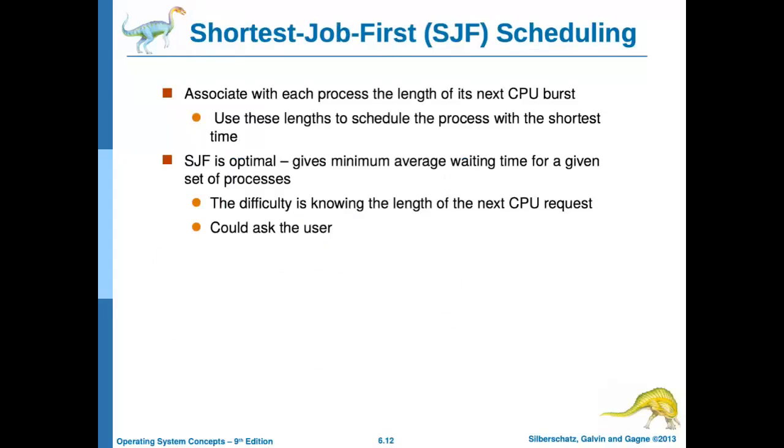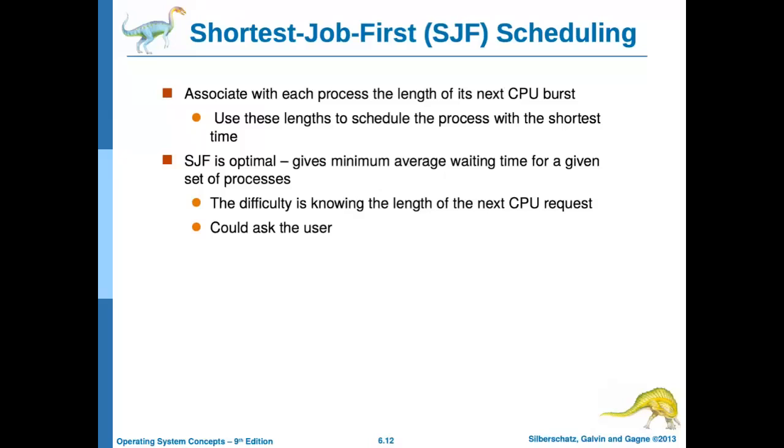Like in the previous algorithm, what we considered is the arrival time, whereas in shortest job first, what we consider is the CPU burst time. So associated with each and every process, we have now again the next CPU burst.